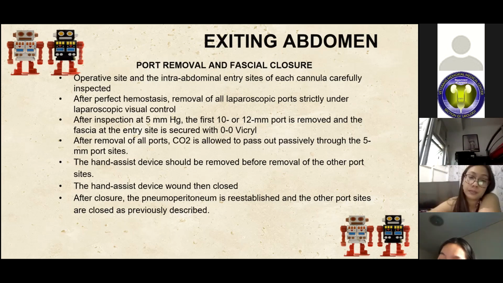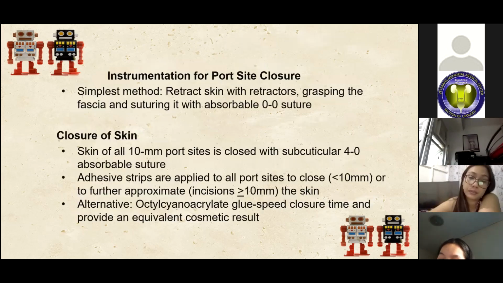So for your instrumentation for port site closure, the simplest method is to retract the skin with retractors, grasping the fascia, and suturing it with absorbable 0-0 sutures. For closure of the skin, all 10mm port sites are closed with subcuticular 4-0 absorbable sutures.